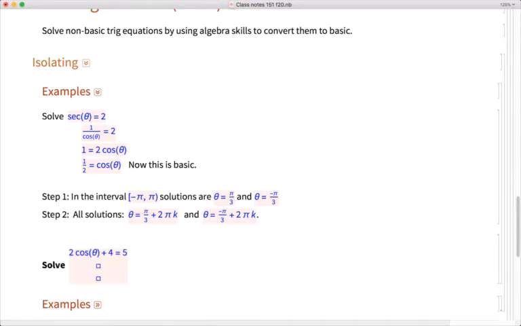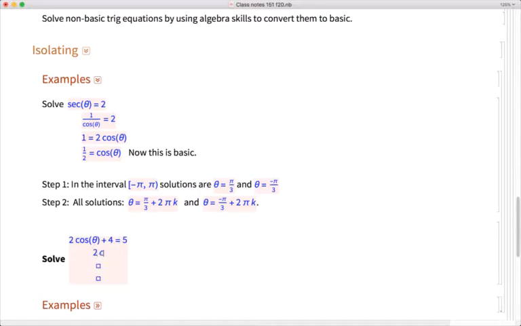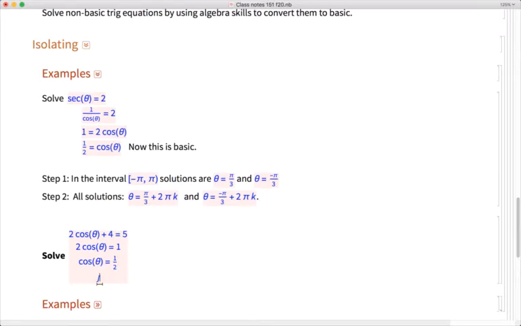We'll subtract the 4 from both sides and then divide both sides by 2, and this is the equation we just solved. So we won't solve it again, but the point here is to isolate that cosine theta and then solve the resulting basic equation.